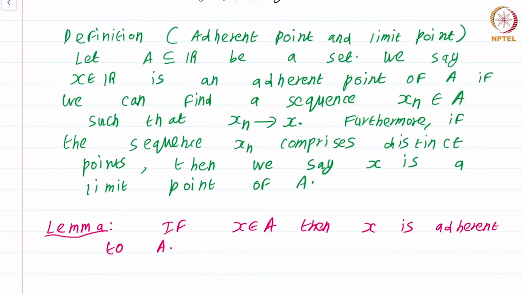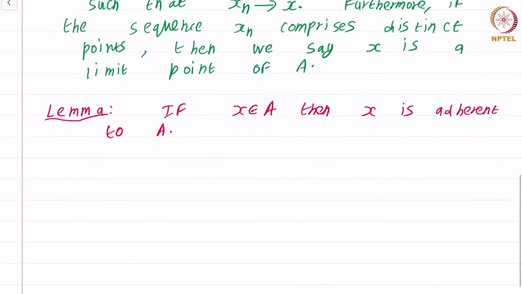Now, let me give some examples to illustrate that limit points and adherent points need not always be the same. First, let's consider our favorite open interval (a,b) and closed interval [a,b].